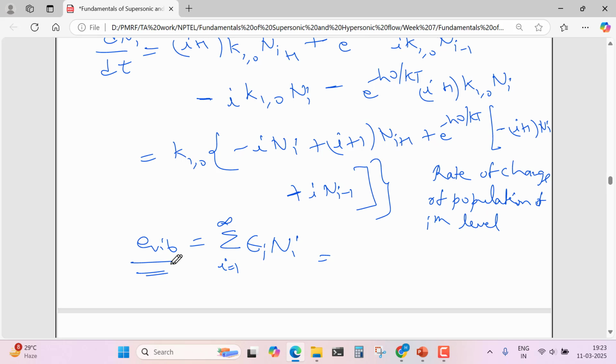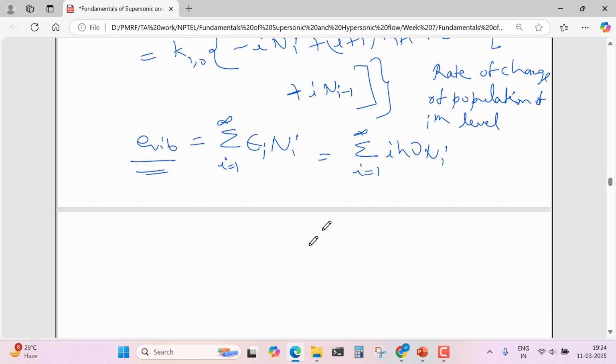Epsilon_i is given by i h nu, and this vibrational energy we have taken above the zero level. This h nu is constant, so it will come out. So E vibrational equals h nu sigma i n_i, i equal to 1 to infinity.